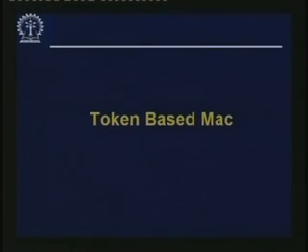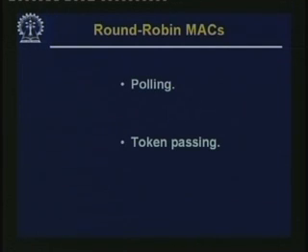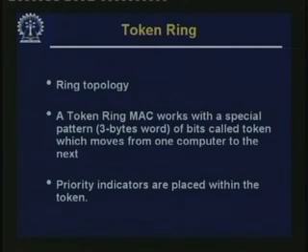So we are going to talk about token based MAC, and specifically some kind of round robin MACs, that means the chance to transmit comes to each of the stations in a round robin fashion. This can be done, as I mentioned earlier, through polling or token passing. Here we will be specifically talking about token passing.